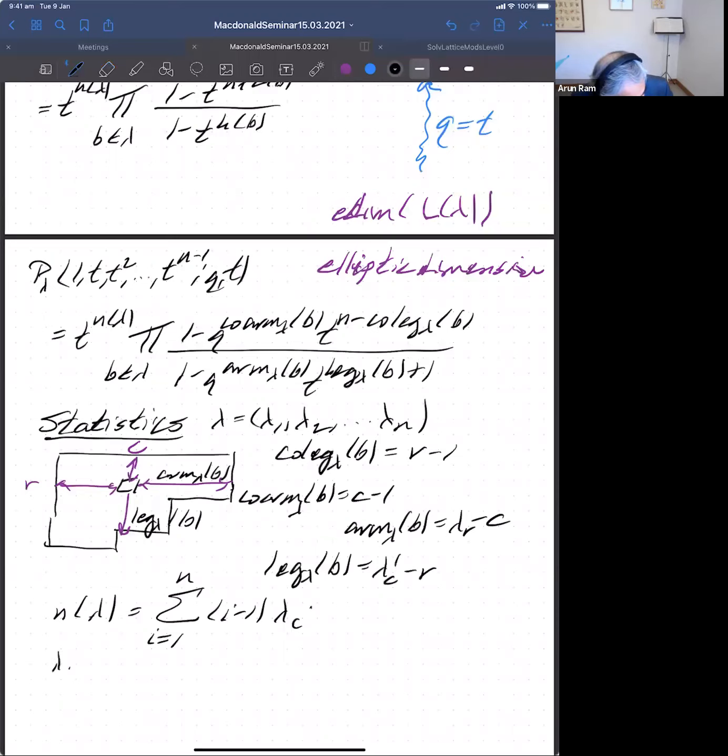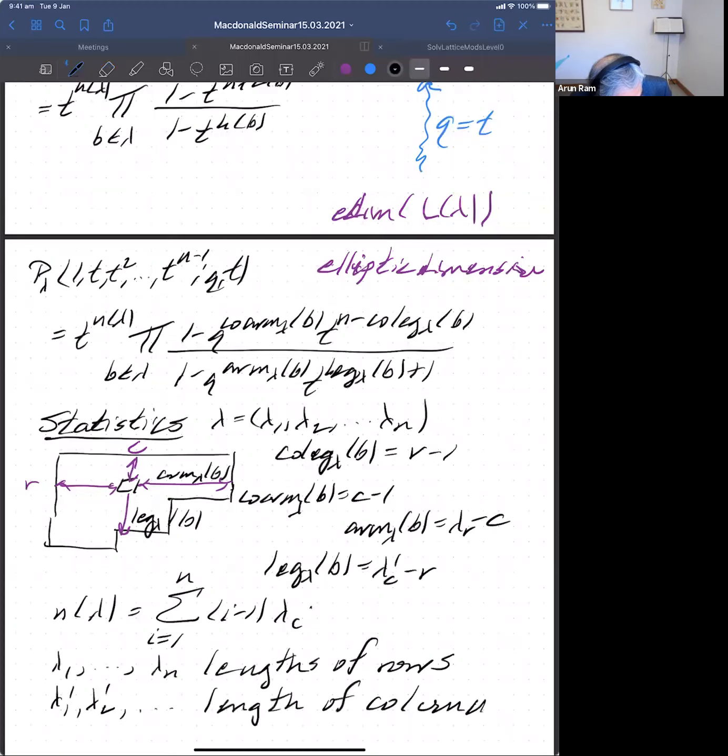So lambda_1 up to lambda_n are lengths of the rows, and lambda_1 dash, lambda_2 dash, and so on are lengths of the columns. Okay, so that's what all of these statistics are: coarm and coleg and arm and leg and so on.